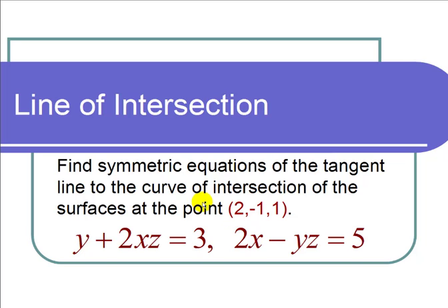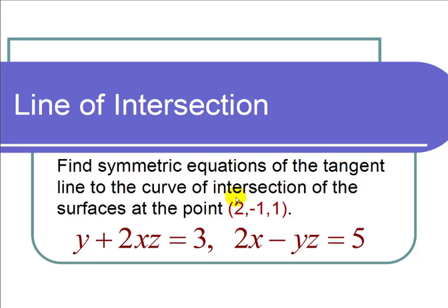The normal vector to the tangent planes is perpendicular to any line that lies on the tangent plane. So if we have two different normal vectors that are perpendicular to a particular line, we can find a perpendicular vector by taking the cross product of those two normal vectors.